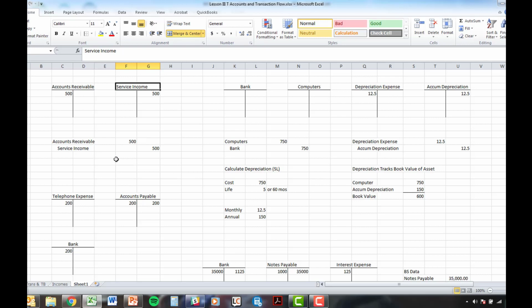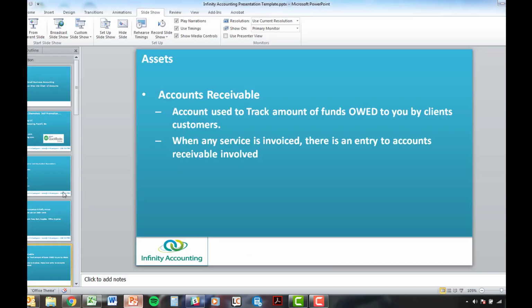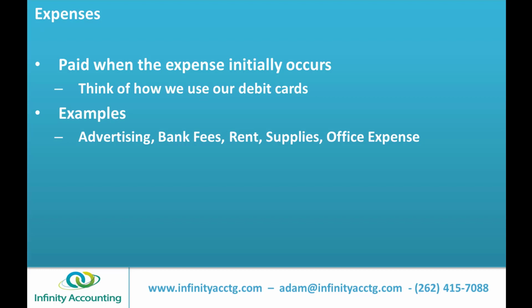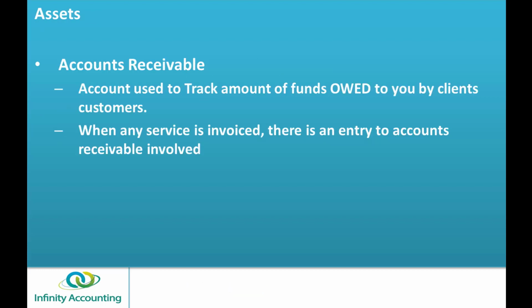We did the service and then we invoiced the customer. So we're recognizing the service income of $500 that we earned by performing the service. Then we're also recognizing that we have rights to the money that we invoiced for $500. I hope that makes sense.